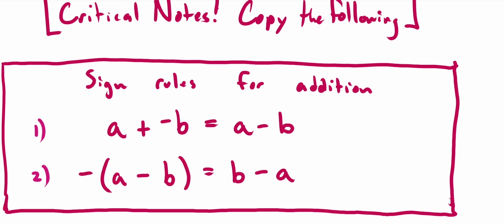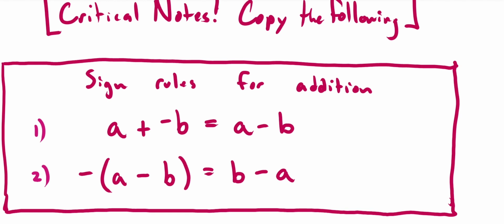But I want you to notice that on the left-hand side, a plus negative b is the same as negative b plus a, and we get commutativity because we're using an addition sign there. On the other hand, if you had put the negative one first, you could use commutativity of addition to put the negative one second and rewrite it as subtraction.